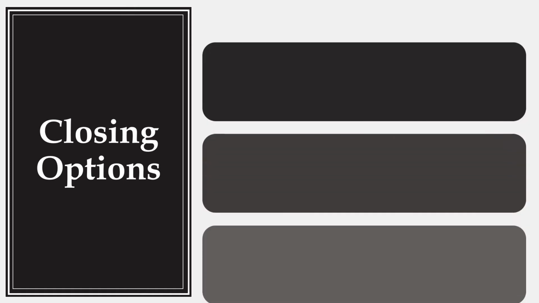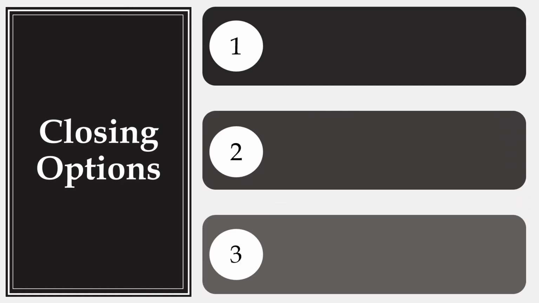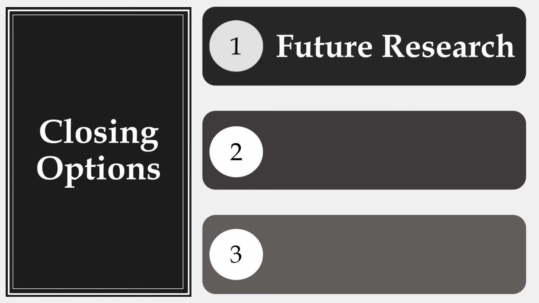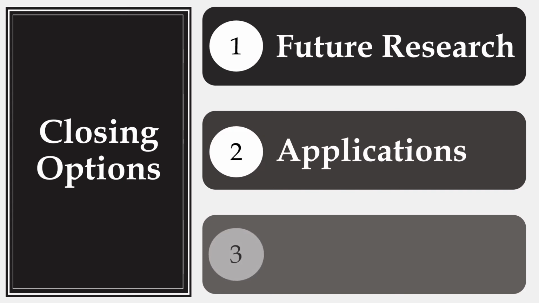When creating a closer, there are many options that you can choose from. However, there are three common ones that prove particularly effective in most situations. 1. Future research. 2. Application. And 3. Benefits. Let's take a look at how each of these work in practice.